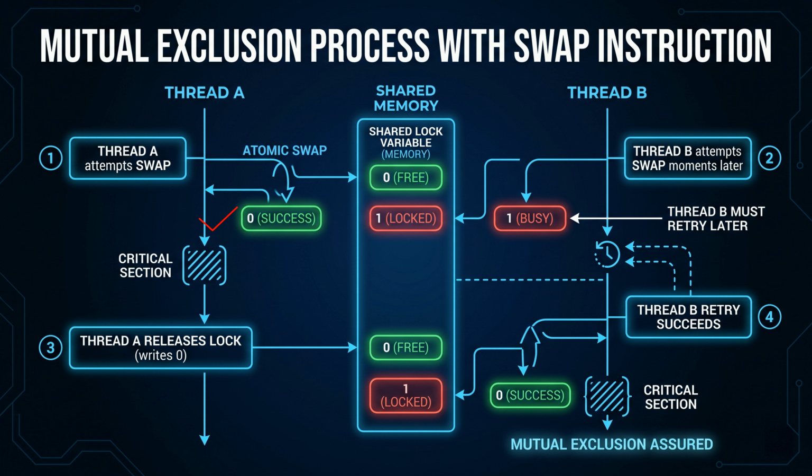Thread B performs swap moments later but receives red. So it knows the lock is already taken. It waits and retries later. Once thread A finishes, it releases the lock by writing 0 back into the shared variable. Then thread B may succeed on its next attempt. This is how mutual exclusion can be enforced using a very small hardware instruction.